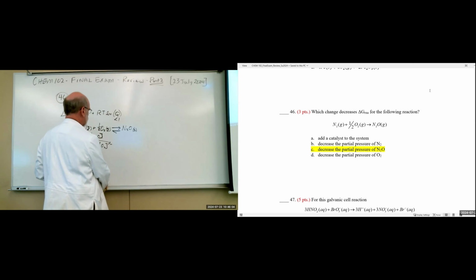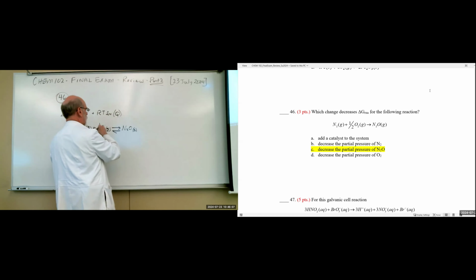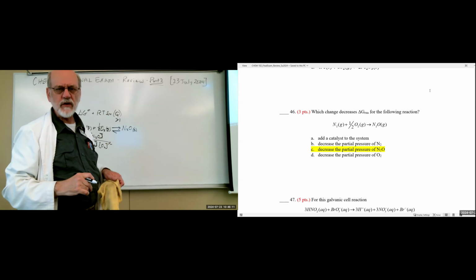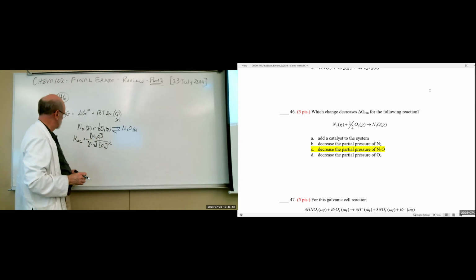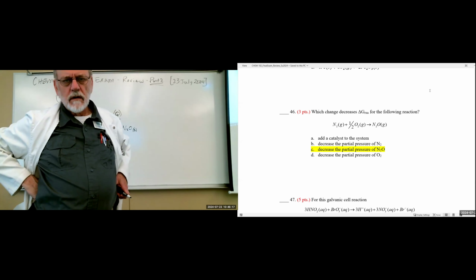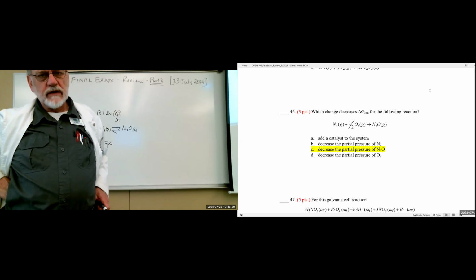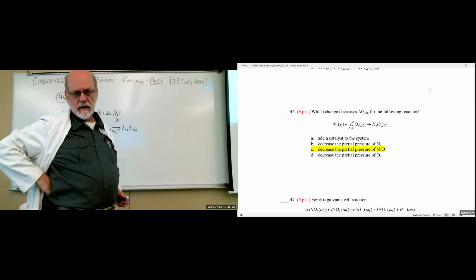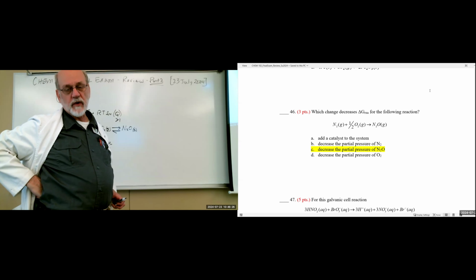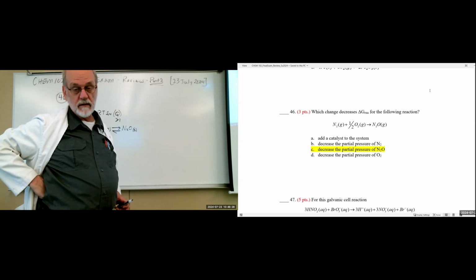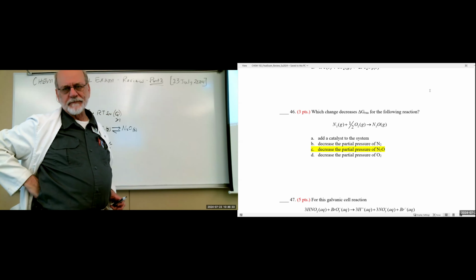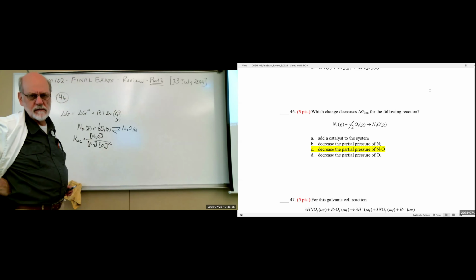So KEQ would be greater. Let me read the question again. What change decreases delta G for the reaction? You know, that doesn't make any sense either. Well, we know the catalyst won't change it. Decrease the partial pressure of N2. Actually, B and D both. That's not a good question because it doesn't make any sense.